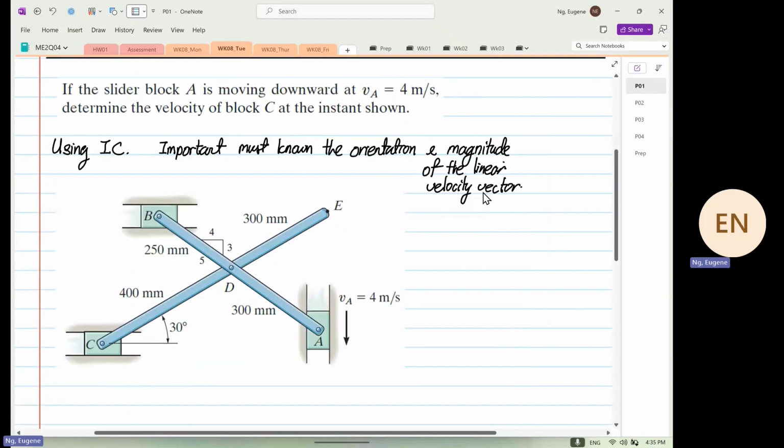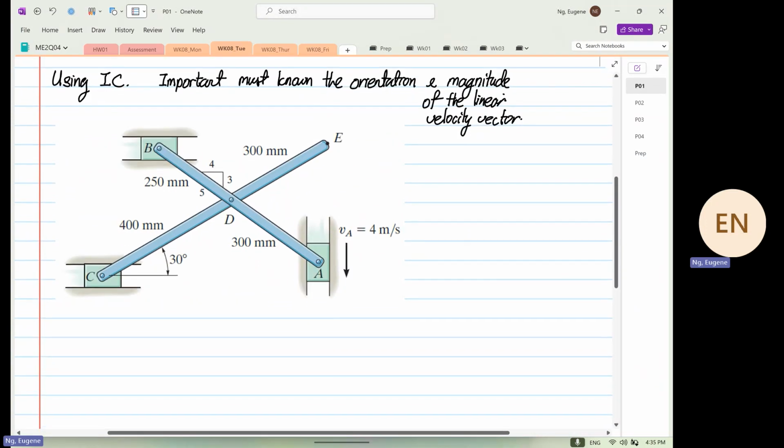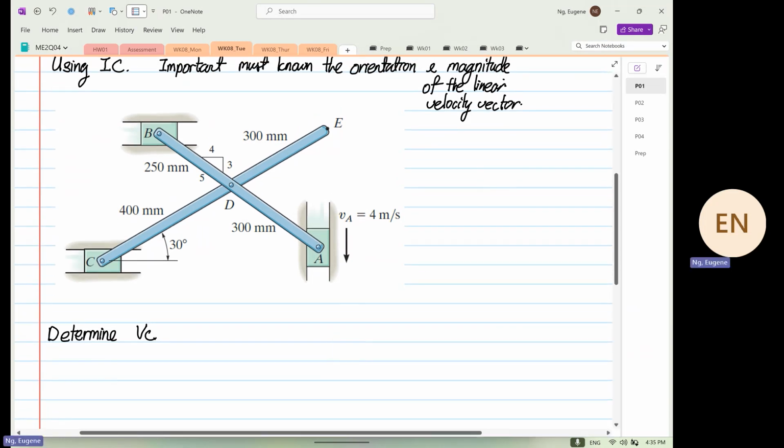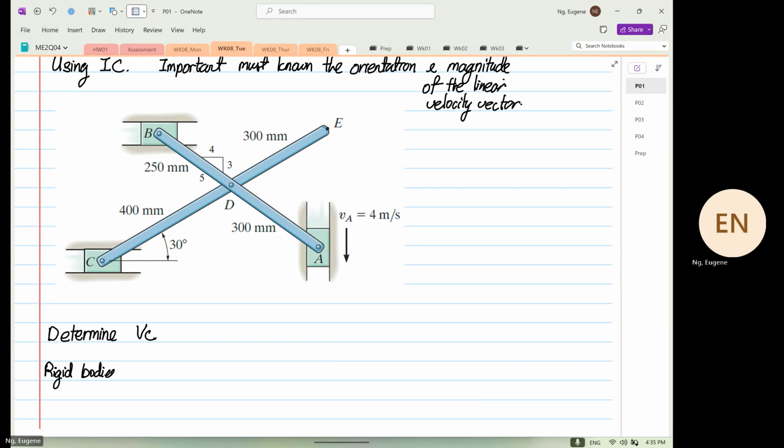So now, coming back to this problem, we would like to determine VC. To get VC, we have to determine our rigid body. And we remember that is our member CE and our member AB.